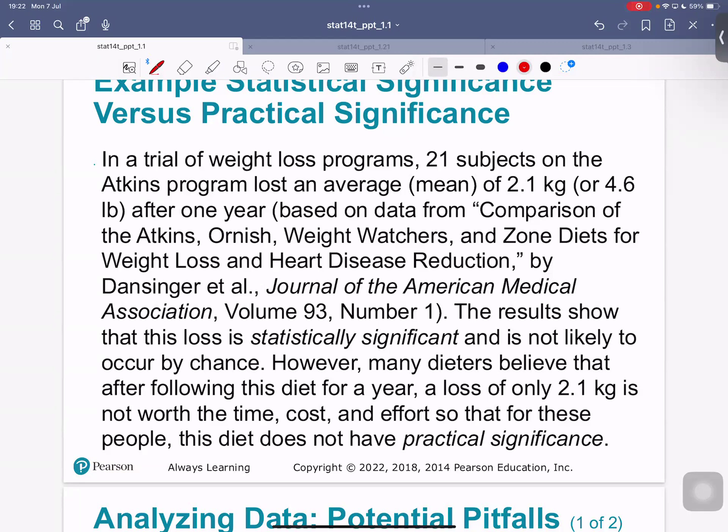You have 21 subjects here, and it's an average of 2.1 kilograms, so we're really not talking about how much weight you're actually going to lose. It's an average, and that average between 21 people could be a significant difference, so you don't really know what the average is, so is that really statistically significant?